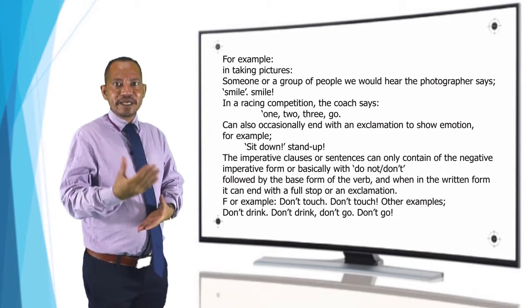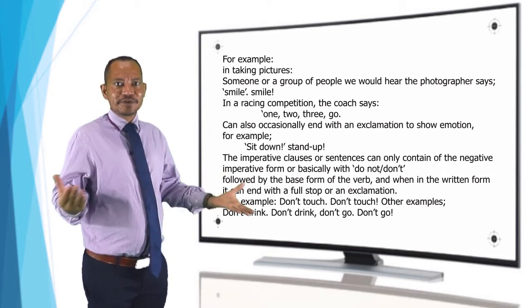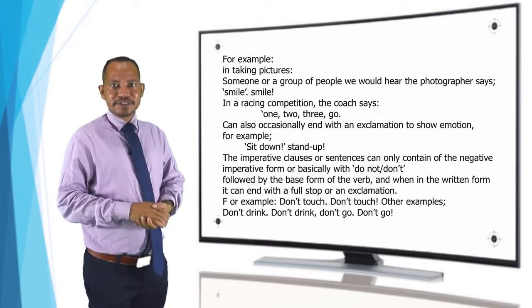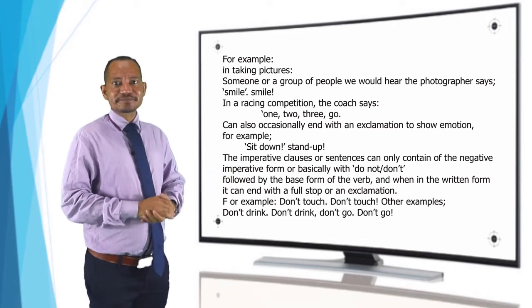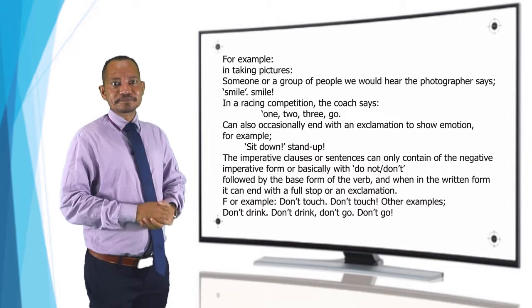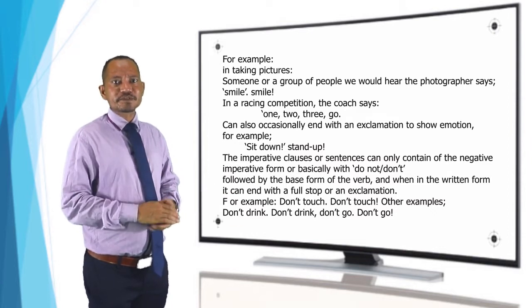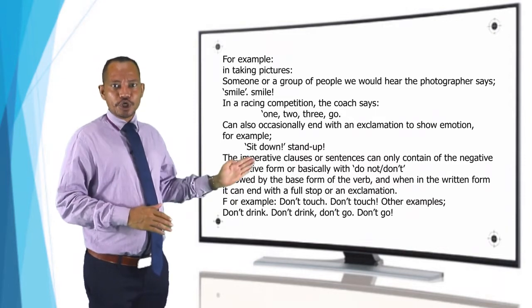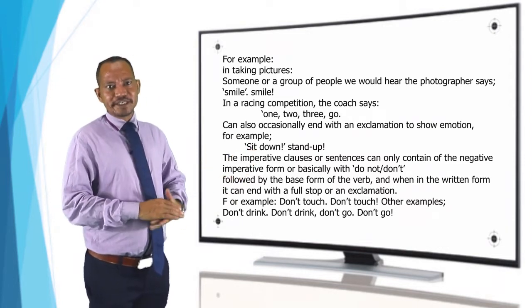For example, you may hear when someone doesn't want others to touch his or her stuff, he or she would say, "Don't touch, don't touch." Other examples, don't drink, don't go, etc.